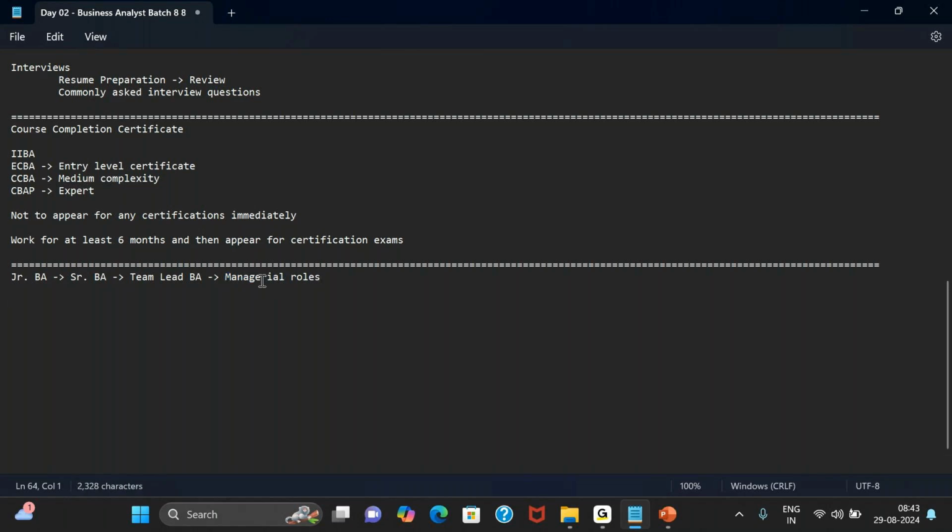So that was the kind of expectation that the industry had earlier, but now nothing is permanent, nothing is fixed, things are evolving. Now we have more variety of roles being offered to business analysts. So for example, starting as a business analyst, the next thing that comes along is becoming a product owner. Product owners are responsible for giving vision or guidance to one particular product. A product can be considered as a software or an application as well.